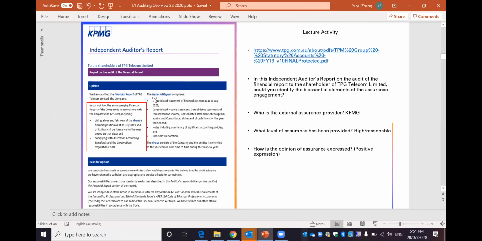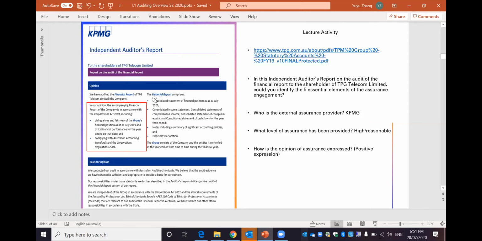In our opinion, this report is in accordance, is complying, is giving a true and fair view. Otherwise, if they don't really think the company gave a good report, they will say, in our opinion, the report is not in accordance, is not giving a true and fair view, is not complying.